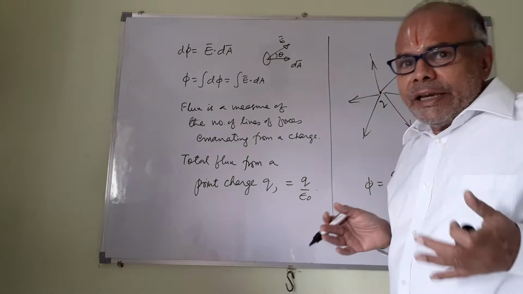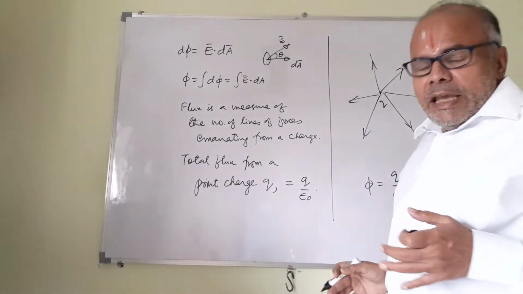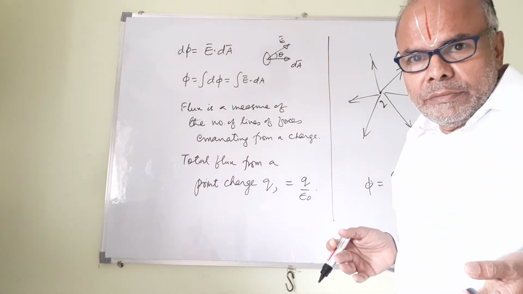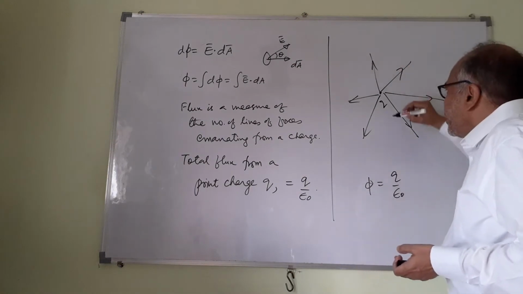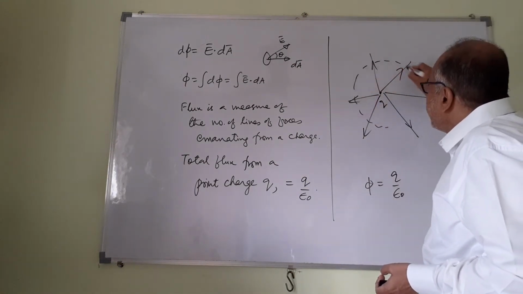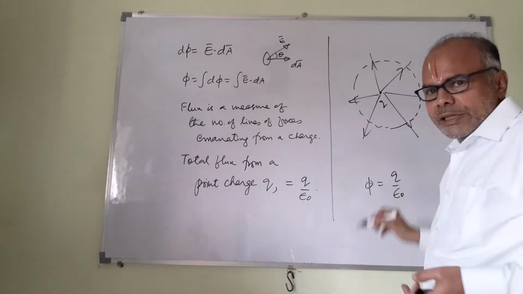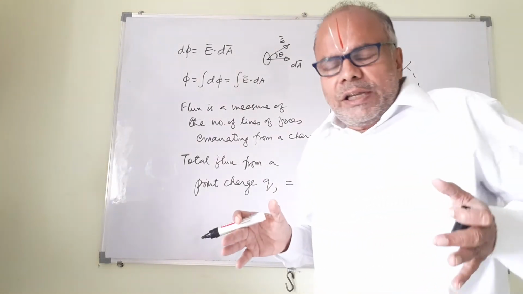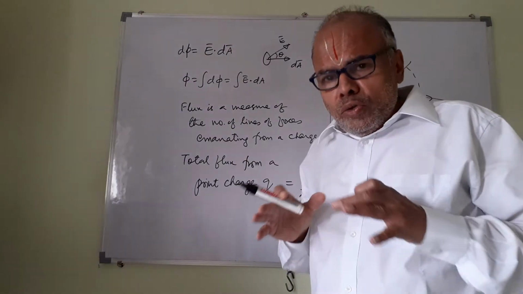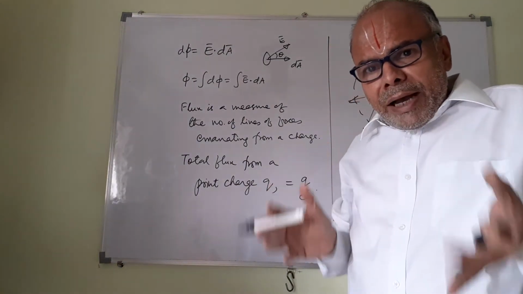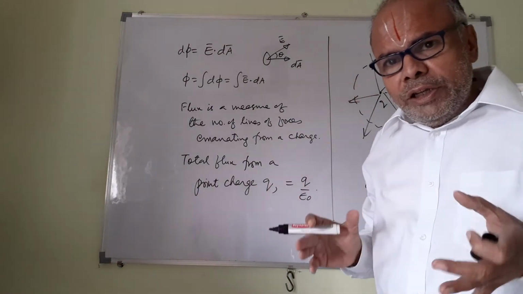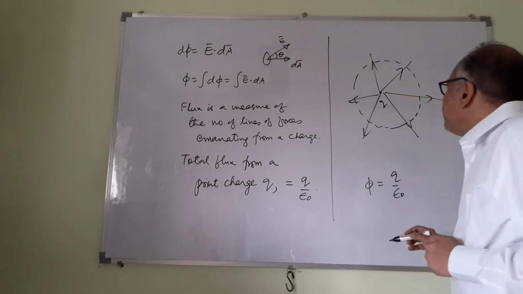That area in this particular case has to be a closed one. Why should it be a closed area? Because we should not miss out. We are saying it's the total flux, so when you talk about the total flux, you have to encompass the charge fully from all sides.